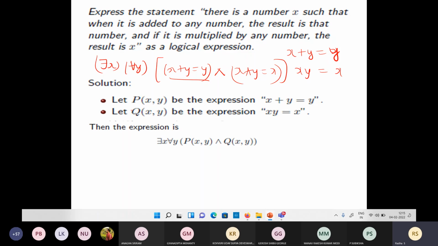They have given it this way: let p of x comma y denote this one. Both mean the same. If you want, you can make this p of x comma y. P of x comma y denotes x plus y equal to y. Q of x comma y denotes x star y equal to x. Shall we proceed?